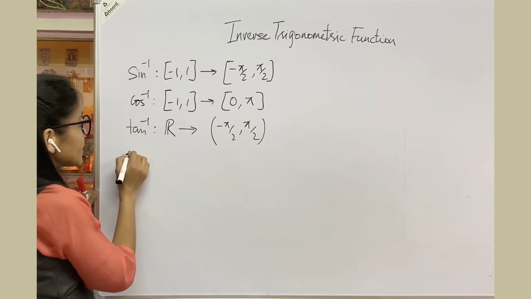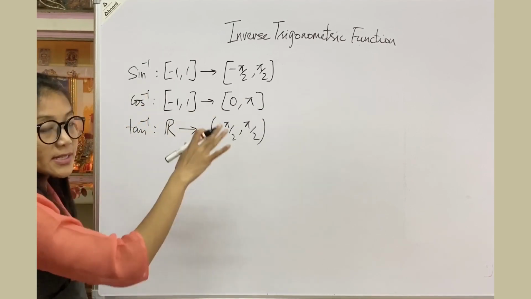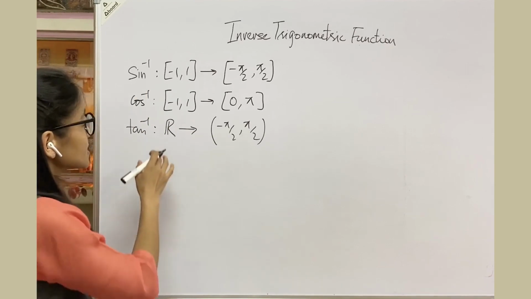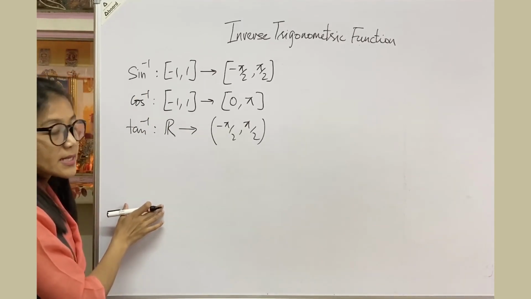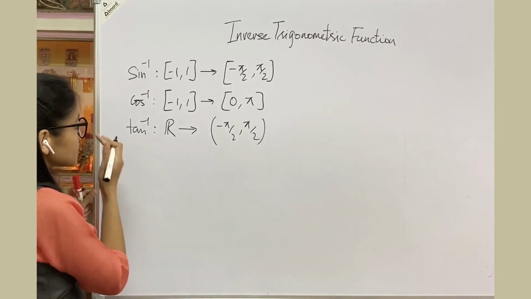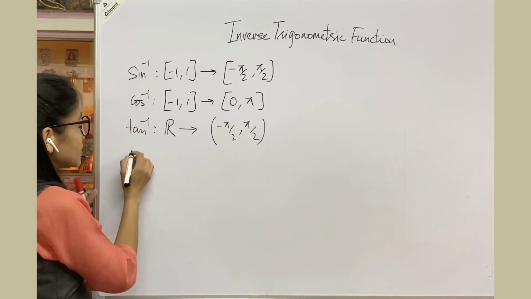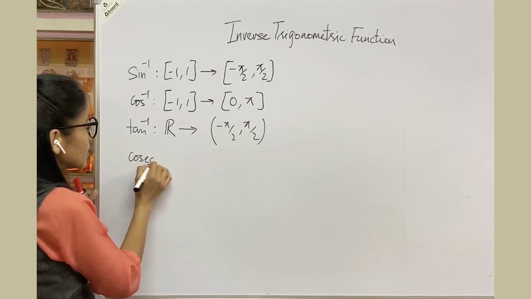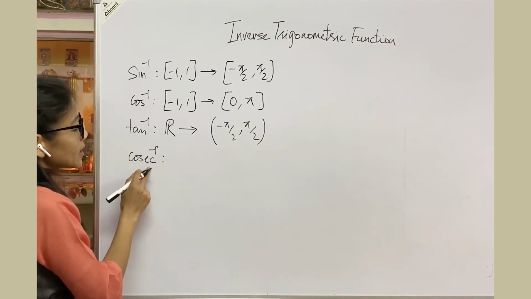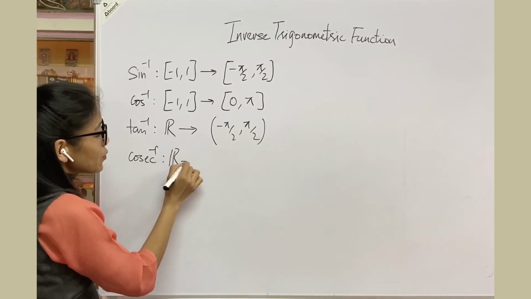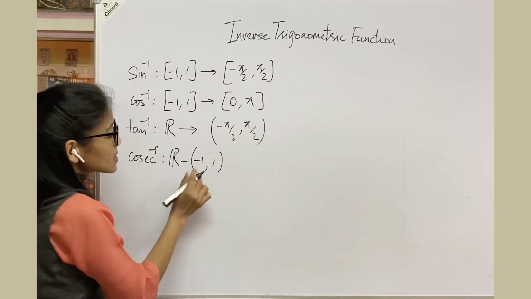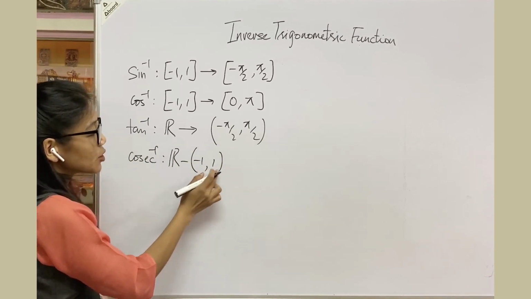For these 3 we had discussed together, and the other 3 I had asked you to do as an assignment, and I hope you got the correct answer. So I'll give you here. Then we have cosec inverse. Its domain is the set of all real numbers, excluding the open interval -1 to 1.